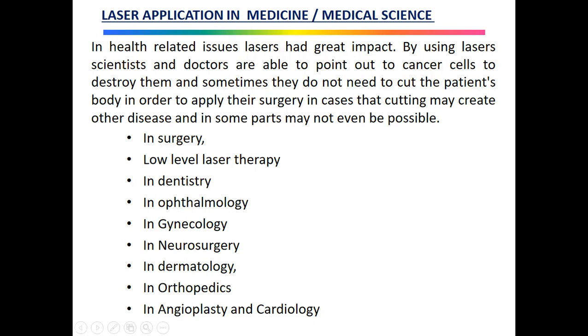In ophthalmology, various types of laser are applied for either diagnostic or therapeutic purposes. It is also used in gynecology, neurosurgery, and dermatology. In neurosurgery, laser deals with diseases of the CNS, the central nervous system, that is the brain and the spine.